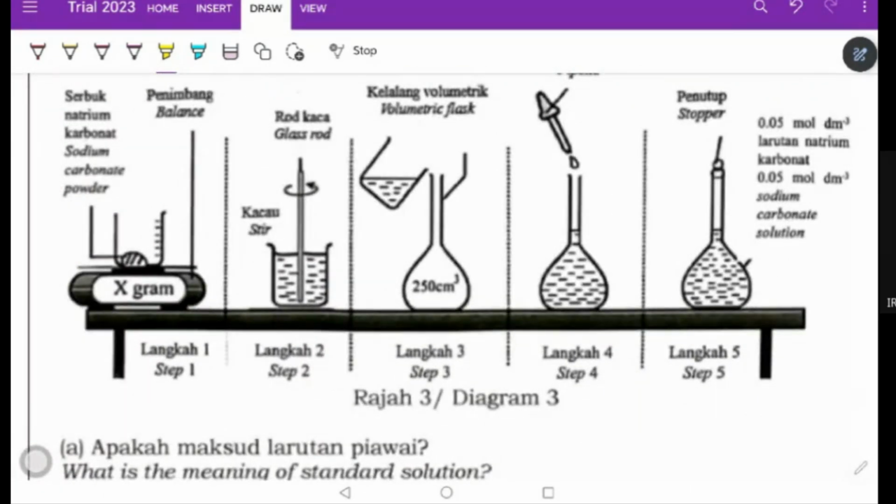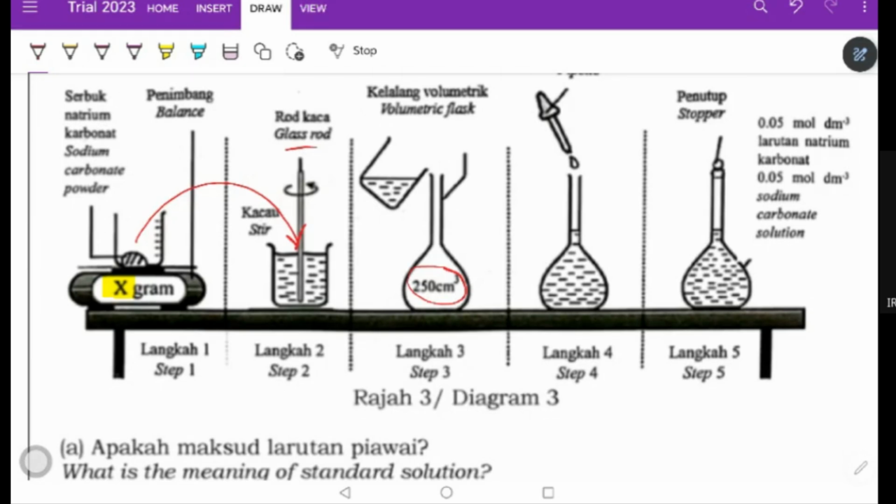So first we measure the mass, right? But before that, you need to calculate first. Then put the solid X gram into the beaker, then put in sufficient distilled water and stir it. Then you transfer it into the volumetric flask, depending on what volume we want.